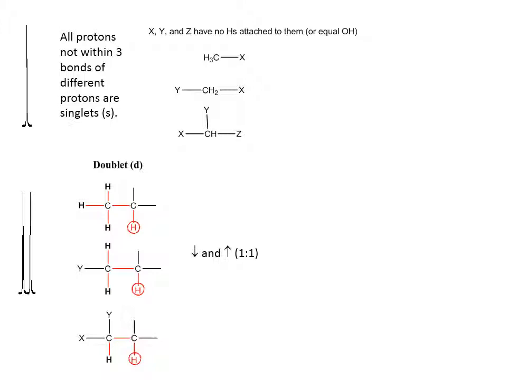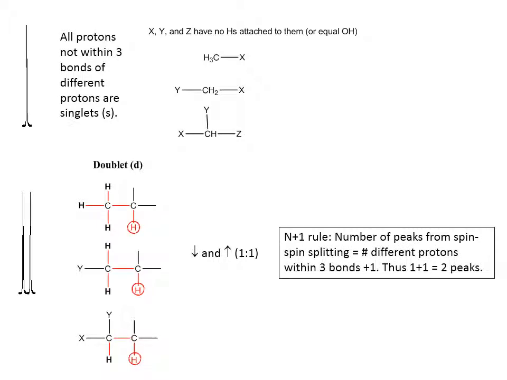We can now introduce a rule to figure out how many peaks we're going to get from splitting, and that's called the n+1 rule. The number of peaks from spin-spin splitting equals the number of different protons within 3 bonds plus 1. In this case, there's only one proton, the circled proton, within 3 bonds of the protons that we're looking at.